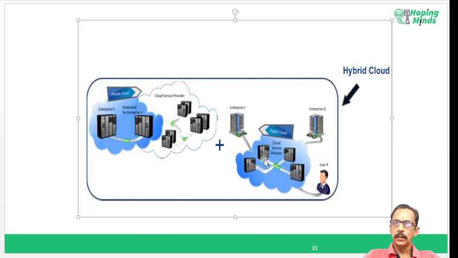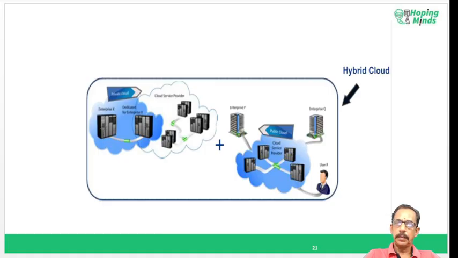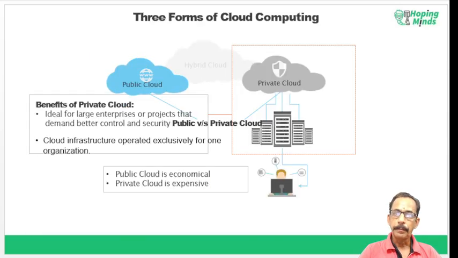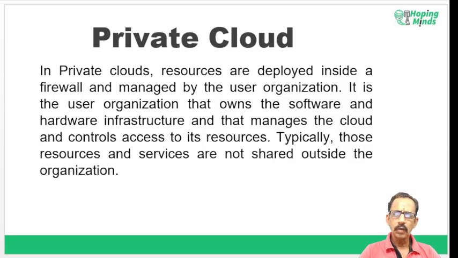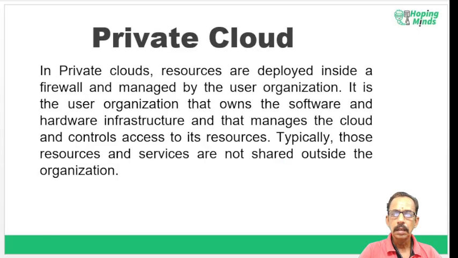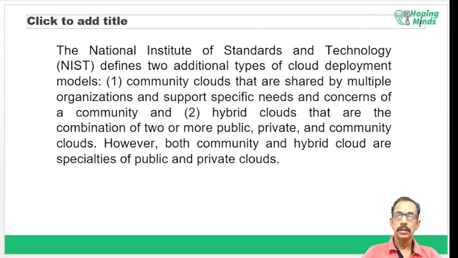Clear? So we have discussed public cloud: the benefits are that it is economical, easy to set up, and there is no need to care for maintenance. Private, compared to public, is much more secure with much finer control, but still costly, either in management or in cost.